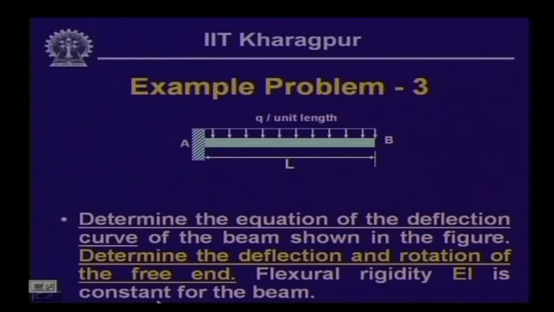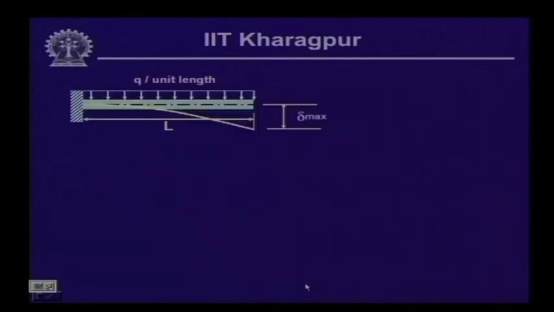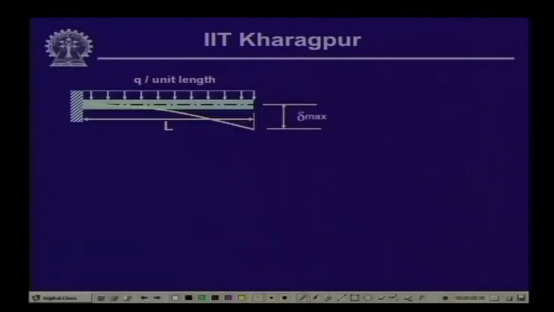Now, we follow the same steps as we have done earlier. For this particular beam the reactive values are known: RA is equal to qL, and the moment M dashed is equal to minus qL square by 2.